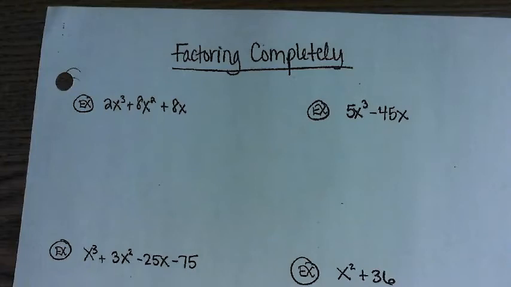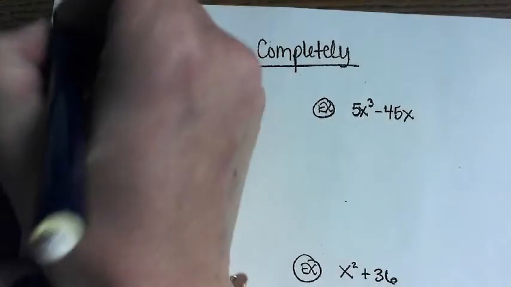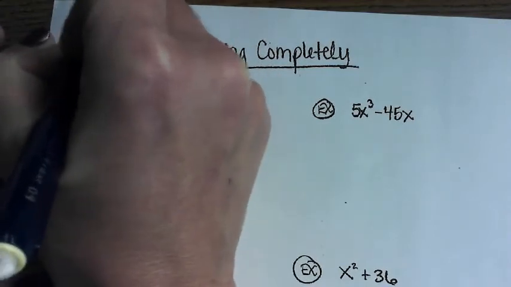Completely factored. Now, with all factoring, and this is kind of tricky because it doesn't happen very often, so we start to overlook it, and that is step one. Step one should always be take out a GCF.